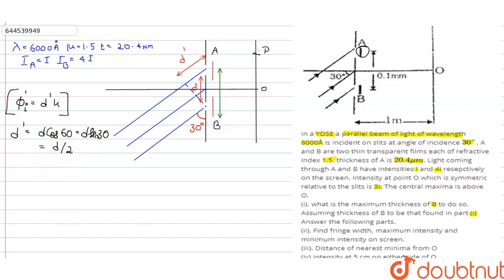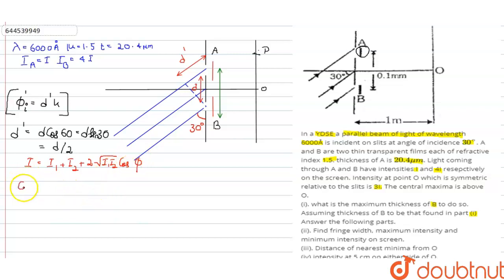So now we can write that the intensity of these two incident rays is I1 plus I2 plus 2 root I1 I2 cos phi.